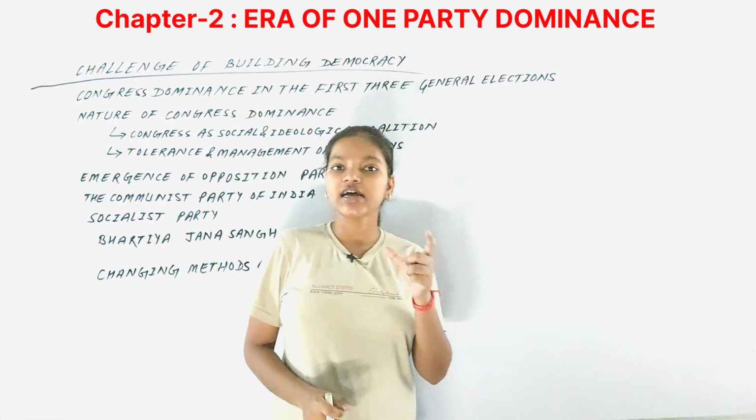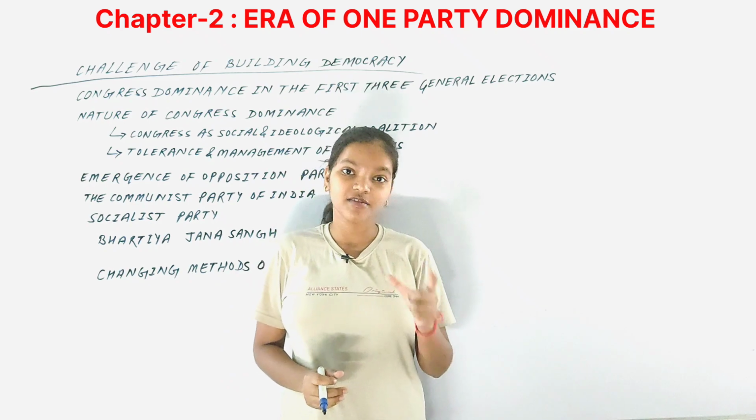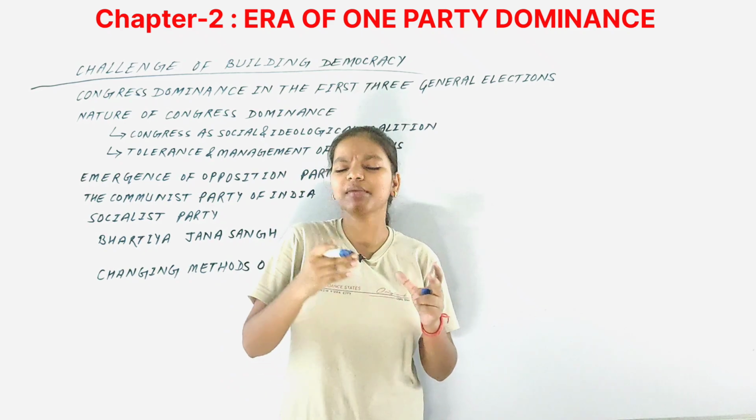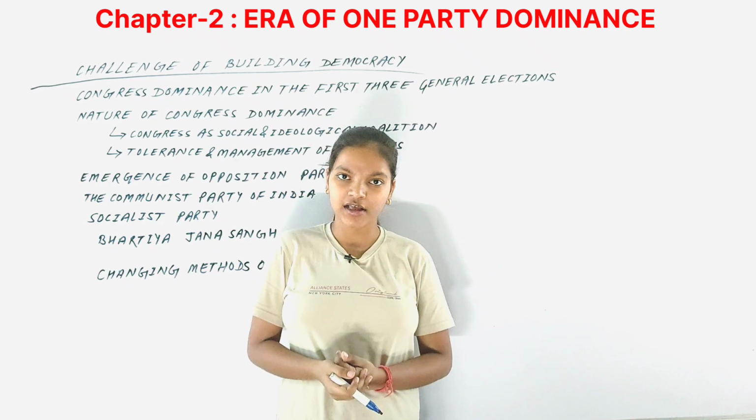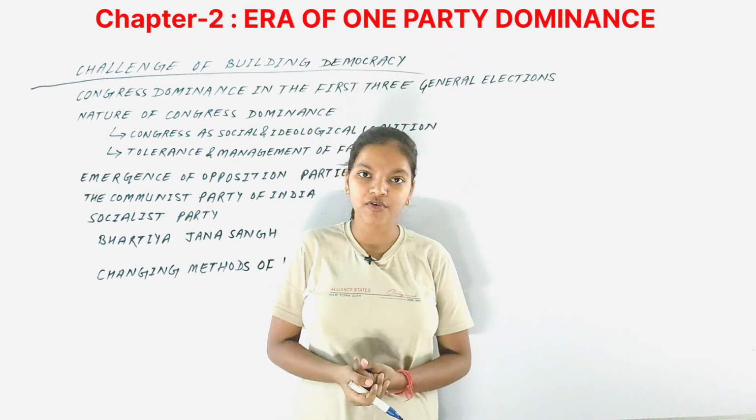Now, you know that when a country becomes independent, it gets many problems. There are many circumstances which it has to face as a newly independent country, which we saw in the first chapter as well.